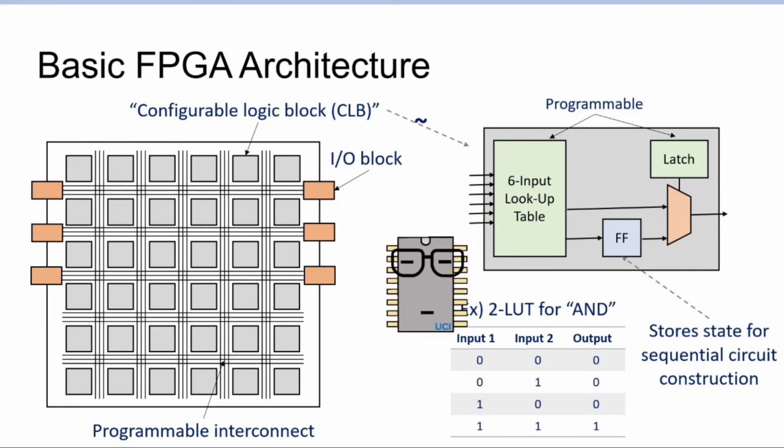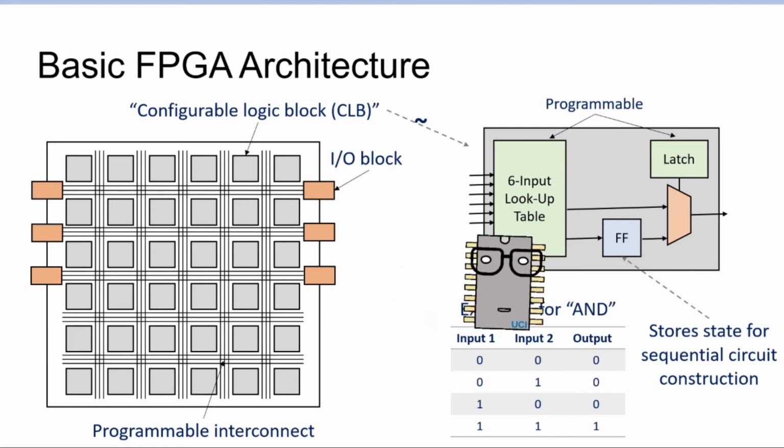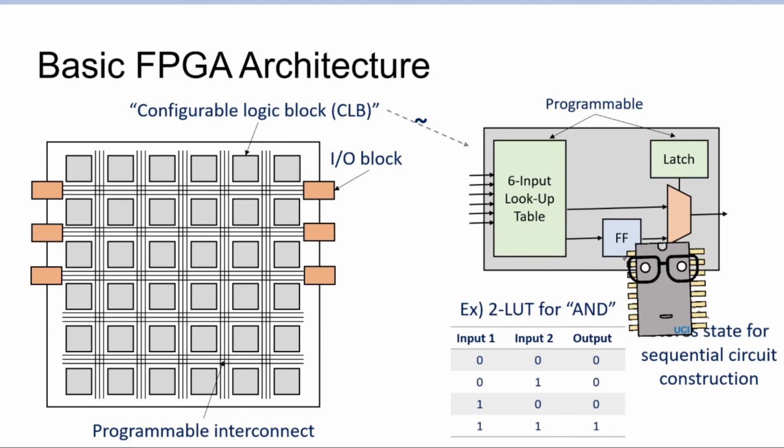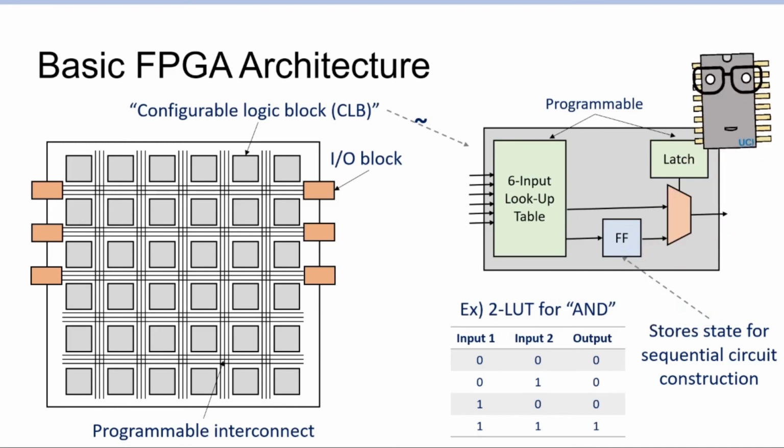Because you sometimes want to program sequential circuits, which hold state across clock boundaries, you also have a flip-flop, which can store the output of this lookup table from this particular clock cycle.